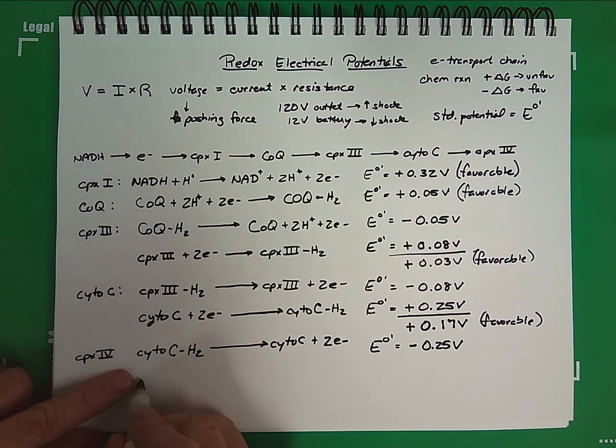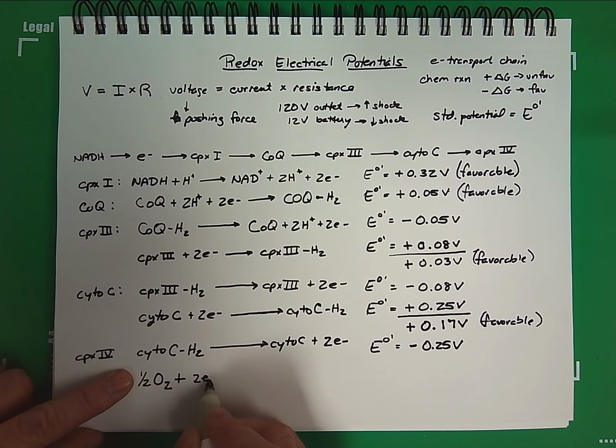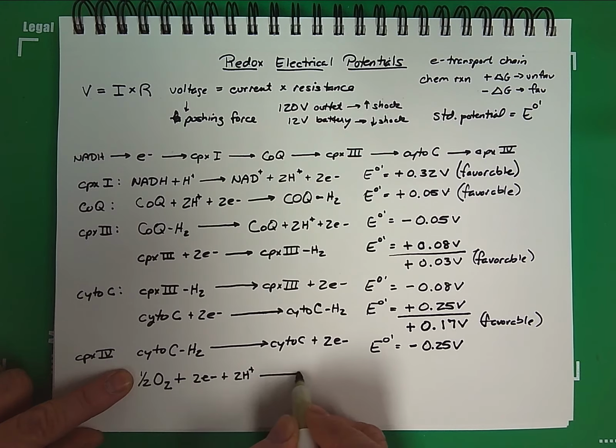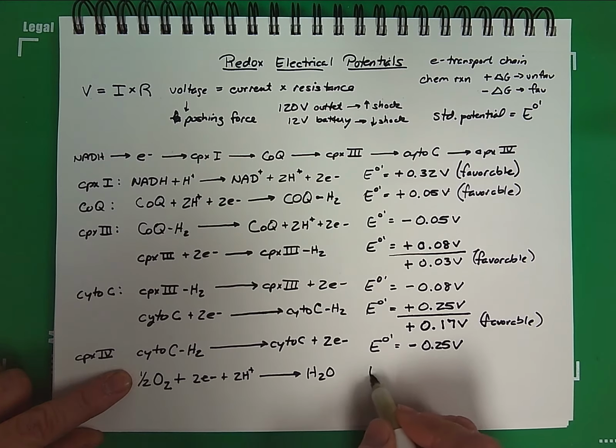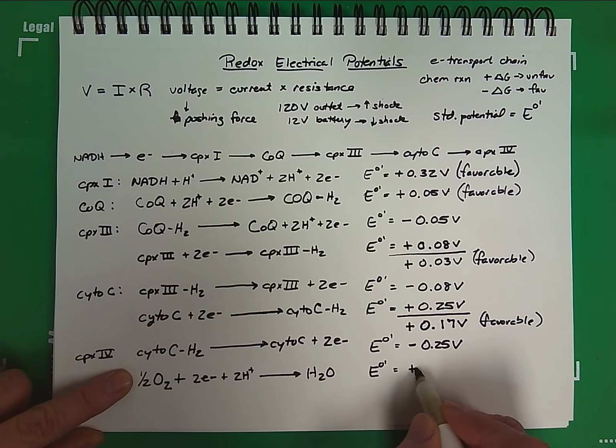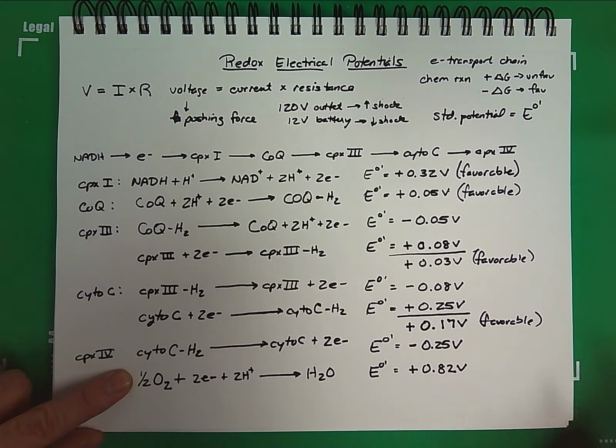However, when we look at the reduction of oxygen to form water, the standard potential of this is a positive 0.82 volts.